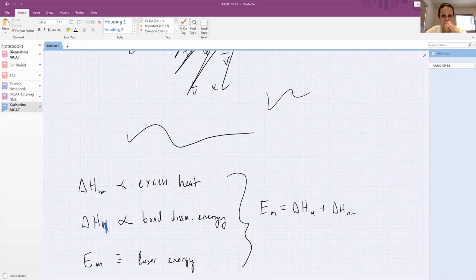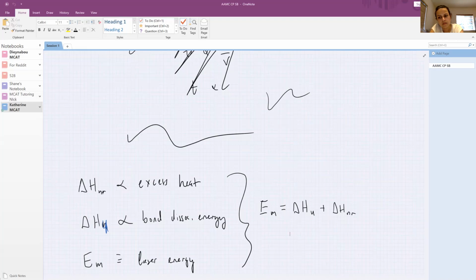Well, it's confusing because there's bond dissociation energy and there's just bond energy itself. But if we're talking about bond dissociation energy, it's just the energy that is required to break the bond, right?